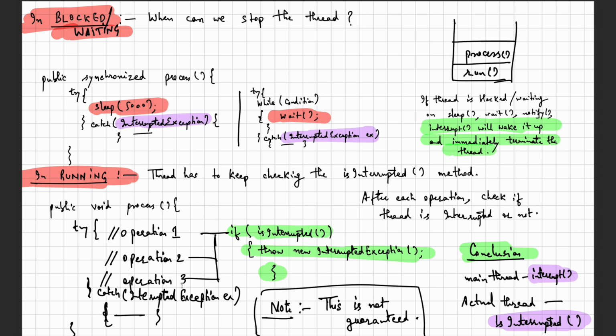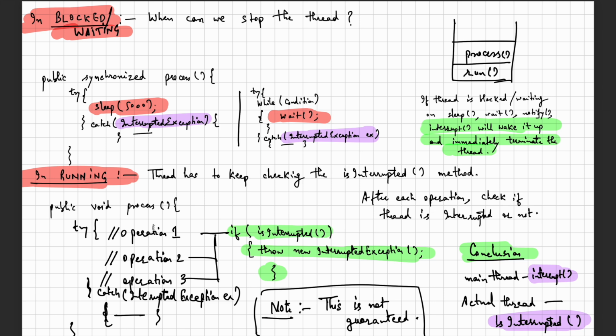Inside each operation, the first condition could be that if the thread is interrupted, just throw an InterruptedException there. All these operations should be in the try catch block, and inside the catch block you can just clean up the resources. But note, this is not guaranteed: once your thread is in the running state, even if you check the isInterrupted flag, this is not guaranteed.